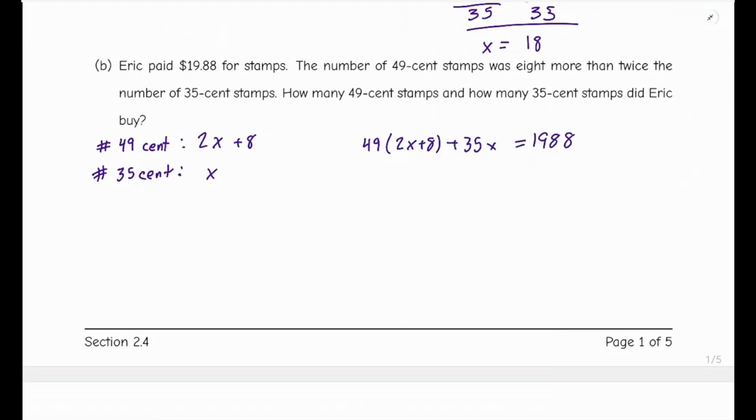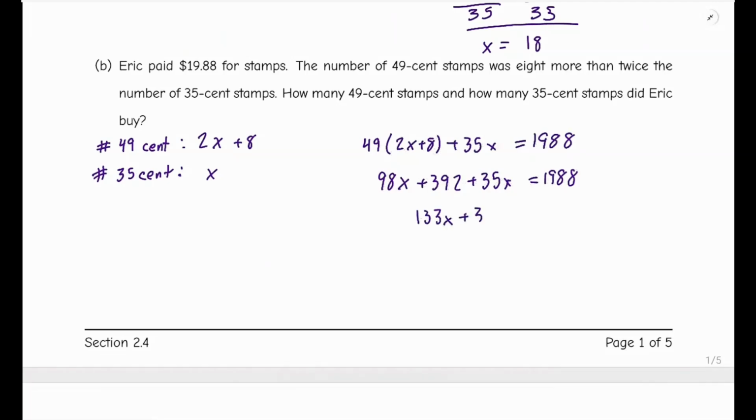Distribute the 49. We get 98x plus 392 plus 35x equals 1988. Combine like terms. We get 133x plus 392 equals 1988.